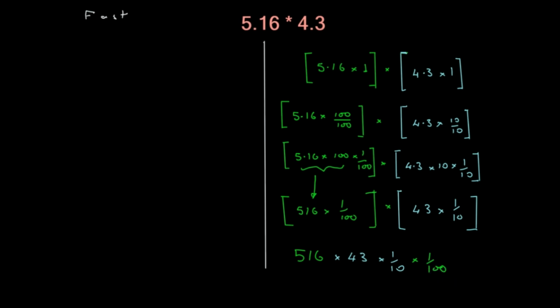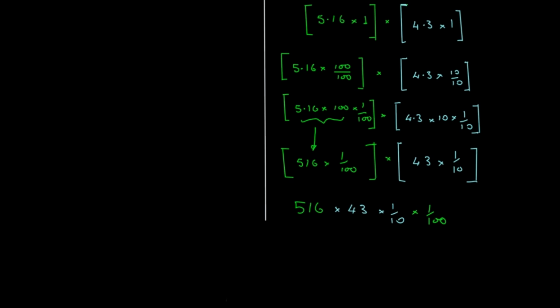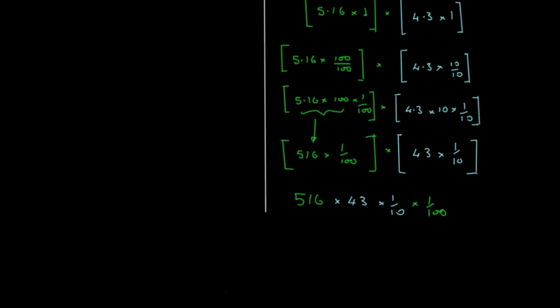Okay, so if we lift that up just a touch, we end up with 516, that one there, times the 43, and let's do a different colour here, times 10 times that is 1 over 1, 2, 3 noughts. Right, this is going to be the structure of what we put over here.